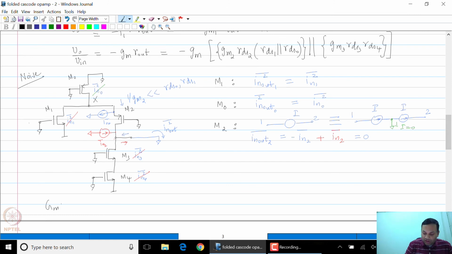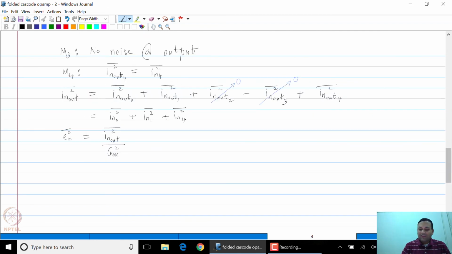I will write that down here. That is the GM effective transconductance of the overall amplifier. So therefore, the input referred noise is going to be IN 0 squared plus IN 1 squared plus IN 4 squared over GM 1 squared.